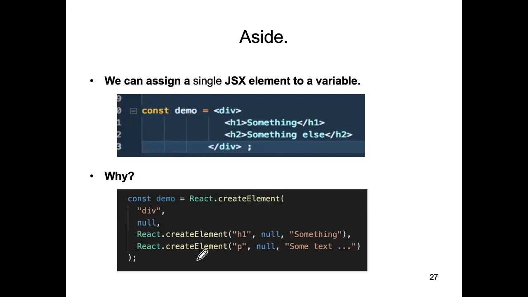And this is similar to when I was nesting invocations of react.createElement within invocations of react.createElement. I was doing that at the very beginning, if you remember. So that's the explanation as to why an assignment statement that looks like this, which is kind of declarative in nature, is legitimate, because at the end of the day, it gets transpiled to this.